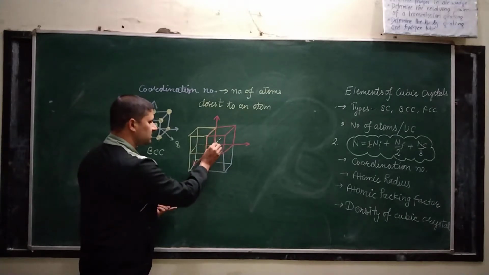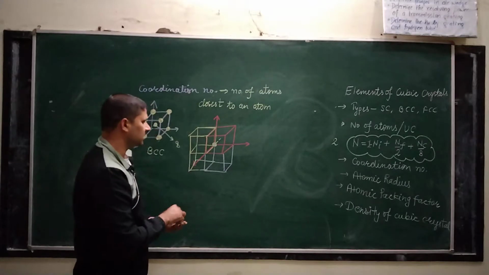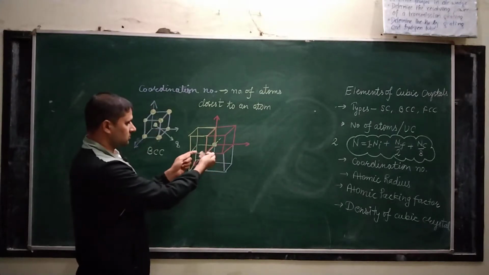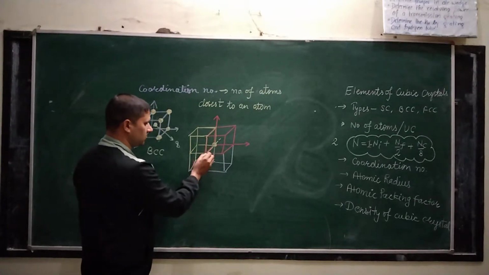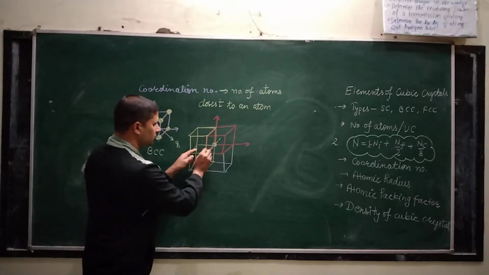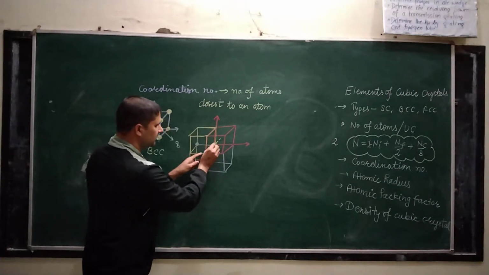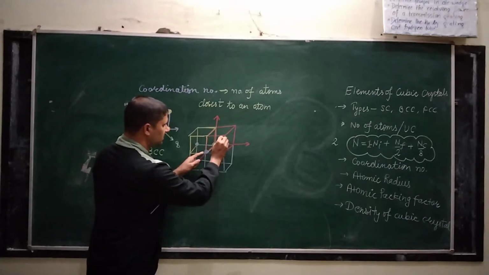So the coordination number for this particle will be, you see how many particles are present close to this particle. One is present here, in this face one is here, along this one is here, and in the backward direction one is here.